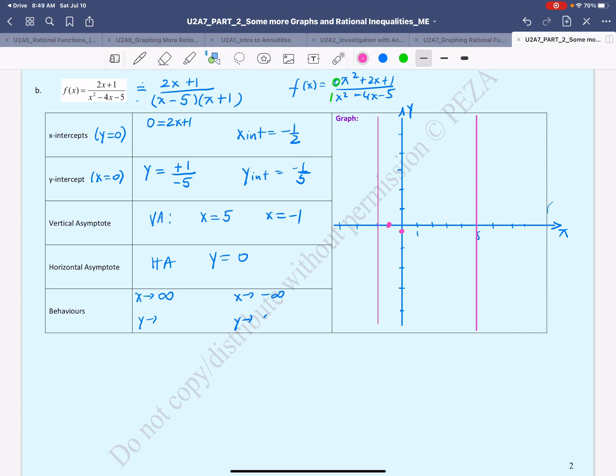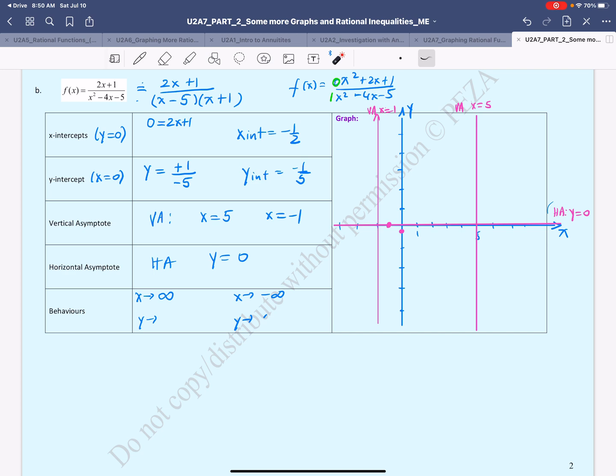The horizontal asymptote is at y equals 0, so right here. Let's label them all: vertical asymptotes x equals -1 and x equals 5, and horizontal asymptote at y equals 0. As you see here, we have the case where the function will cross the horizontal asymptote in between the two vertical asymptotes. So let's take a look at what the shape of the graph is going to be like.